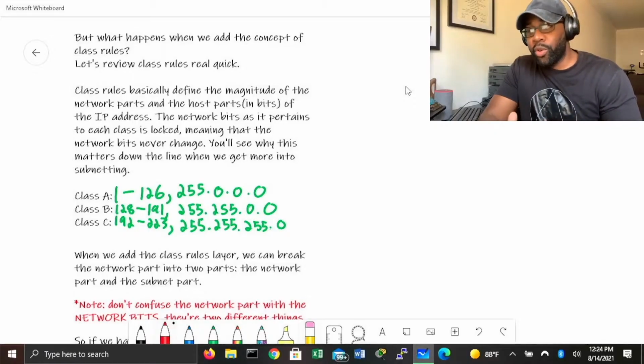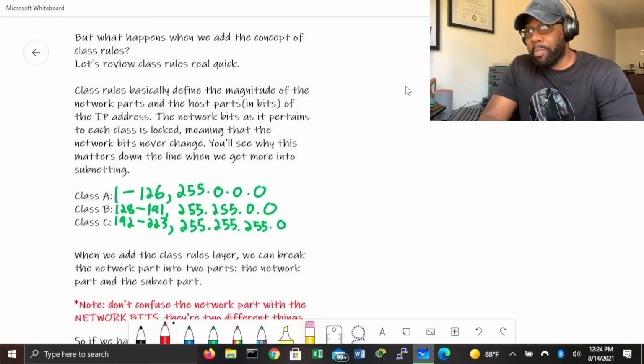But what happens when we acknowledge class rules when looking at IP addresses or trying to analyze the network in general? First of all, let's review what class rules are real quick. Class rules basically define the magnitude of the network parts and the host parts in bits.